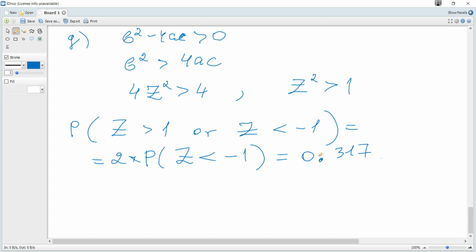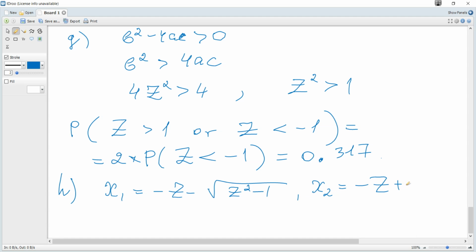The next, and actually the last question, H. The continuous random variables x1 and x2 represent the x-intercepts of the graph of f, where x1 is negative z minus the root of z squared minus 1, and x2 is negative z plus the square root of z squared minus 1.